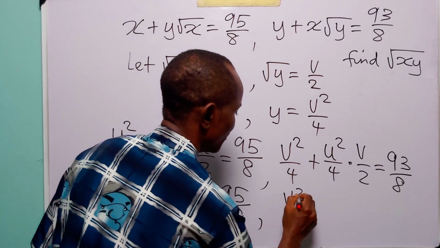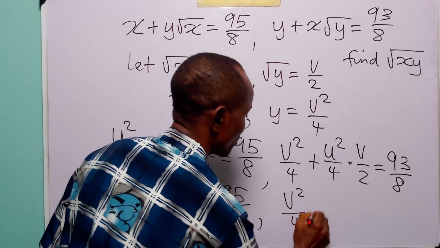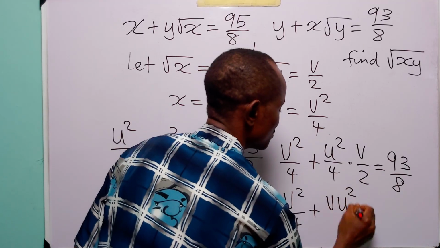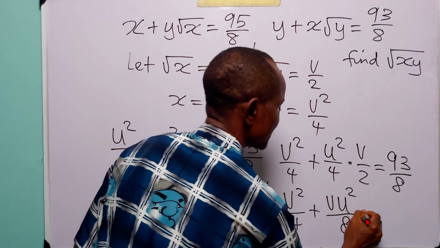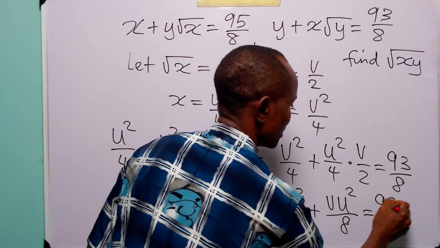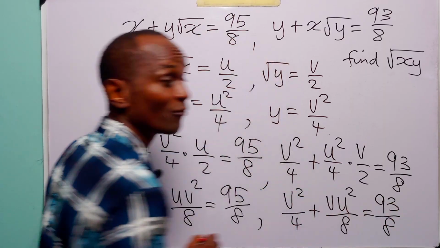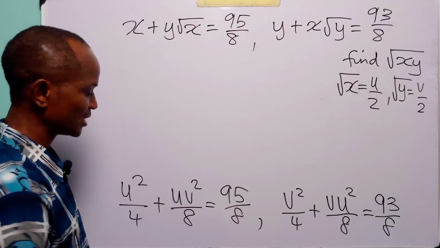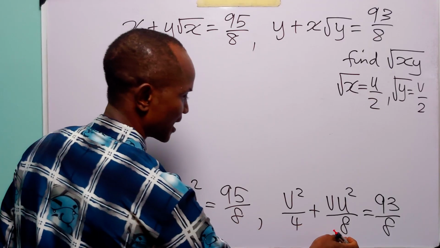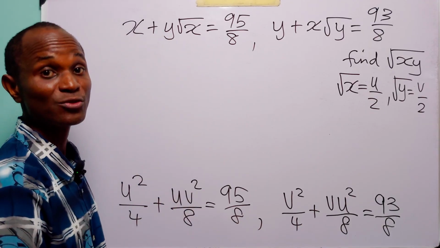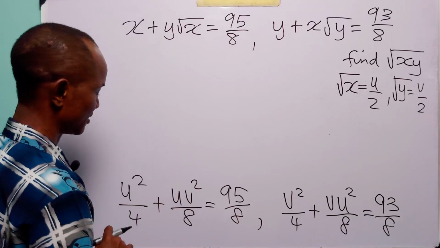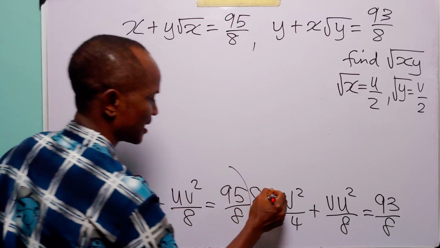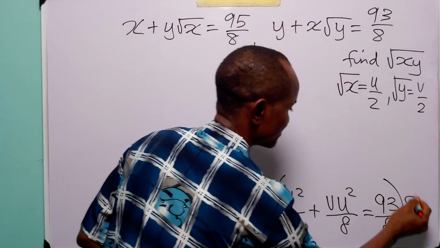Here we have v squared over 4 plus v times u squared over 8, and this is equal to 93 over 8. Now, the next thing we need to do is to get rid of these fractions, and to do this, we are going to multiply through both equations by 8. So we have this equation times 8 and this equation times 8.